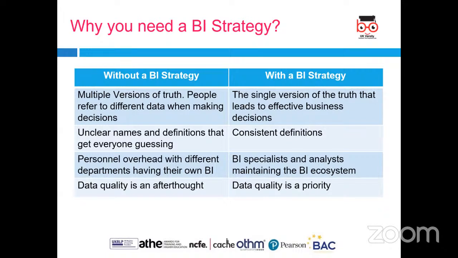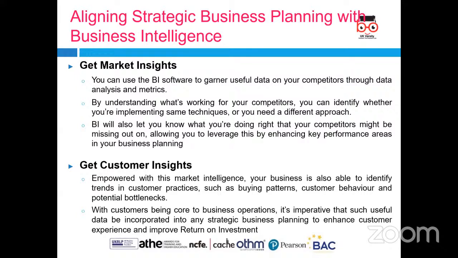Personnel overhead with different departments having their own business intelligence, and also data quality is an afterthought. So as we can see, it would be most recommended to work with a BI strategy, which will have loads of benefits.